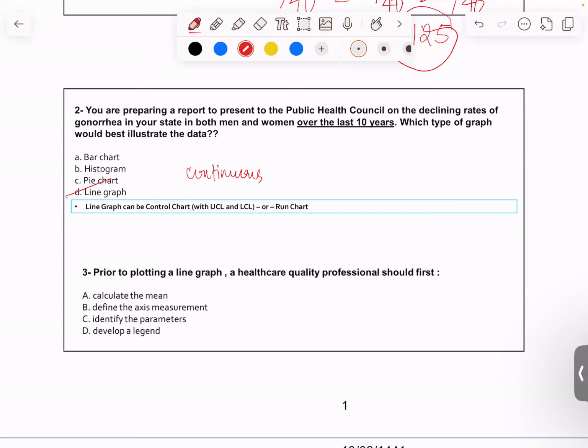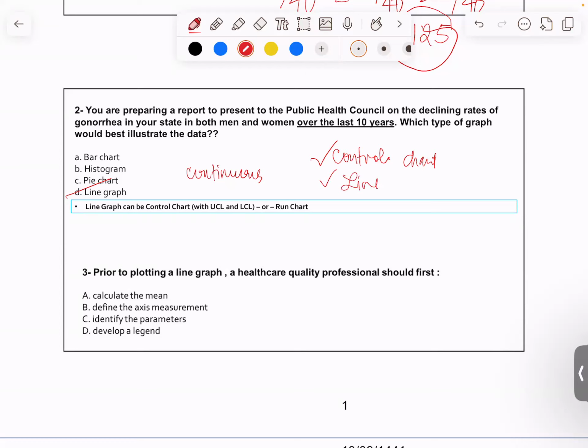It's the line chart. Control chart, if available. So control chart will be the best first choice. But if control chart is not an option, then line is the best pick.